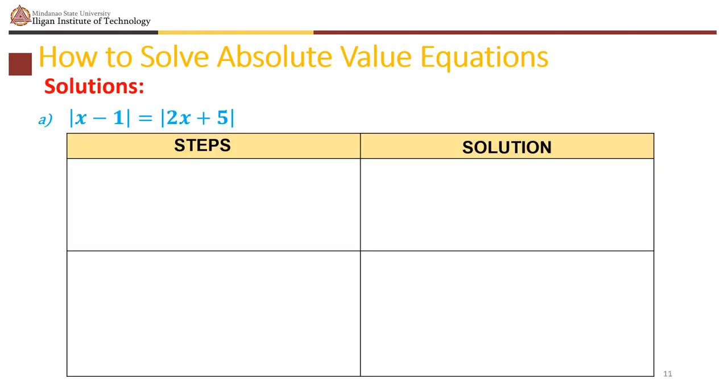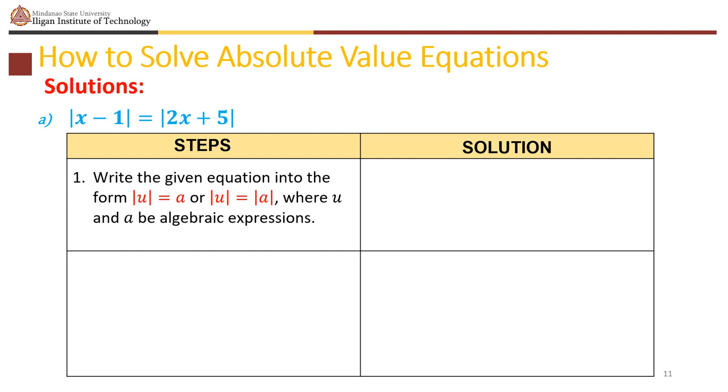So we now try to solve the absolute value of x minus 1 equals the absolute value of 2x plus 5. So write the given equation into the form absolute value of u is equal to a, or absolute value of u is equal to absolute value of a, where u and a are algebraic expressions.